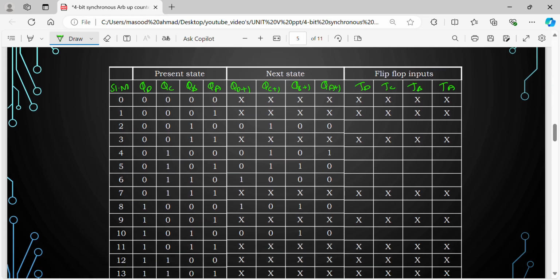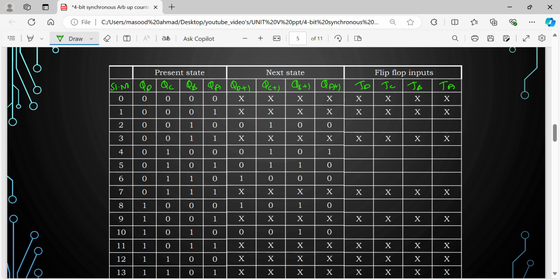Now what I need to do is, for the cases where there is no next state, like 0, 0, 0, the next state doesn't matter, it's not defined. So we call it don't care. Only for the states which we know: for 2 the next state is 4. For 3 there is no next state defined.